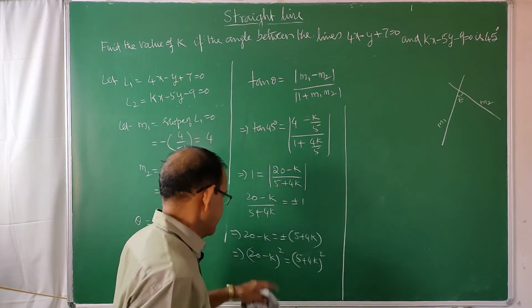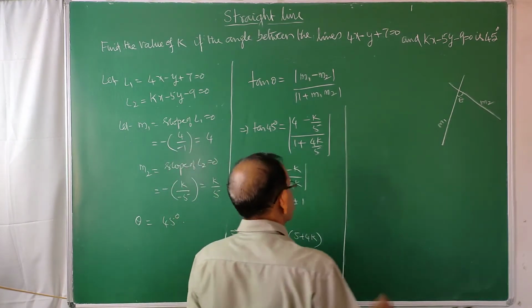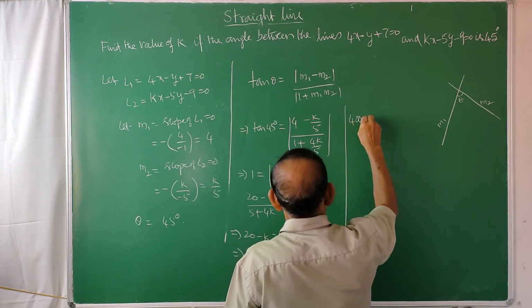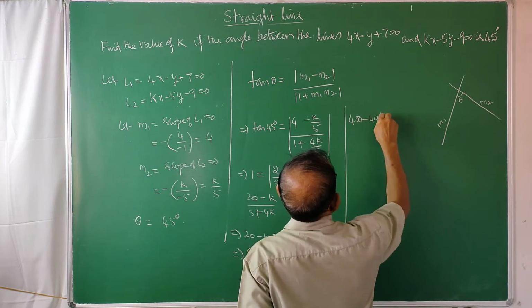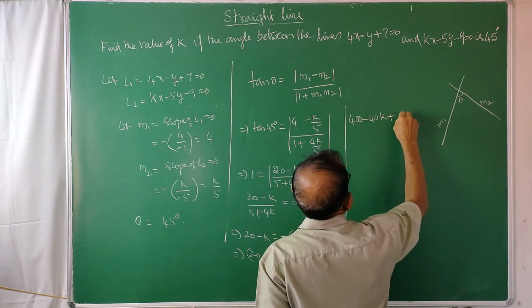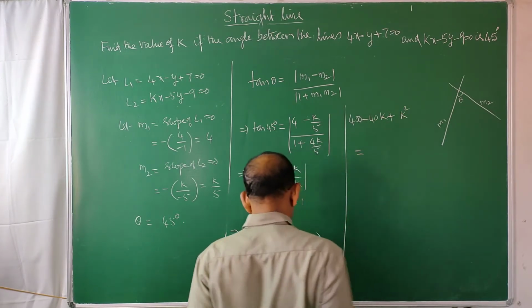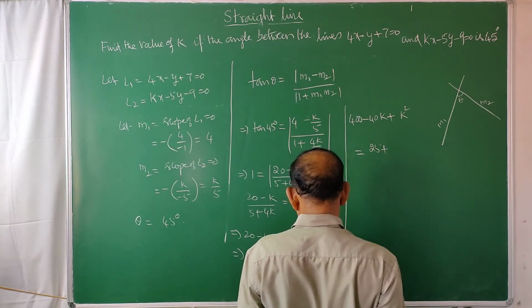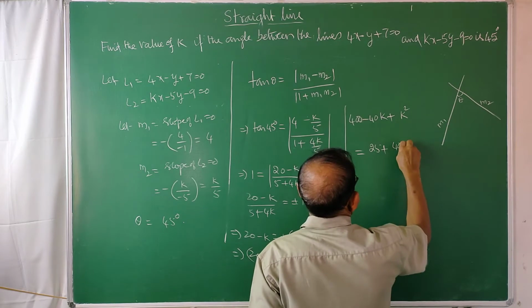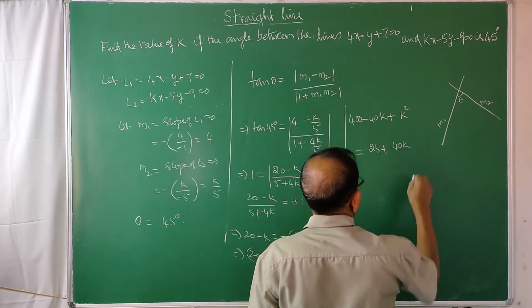Now expand it. 20 square, that is 400, 2ab 40k, minus 40k plus k square is equal to 5 square is 25 plus 2ab 40k plus 16k square.